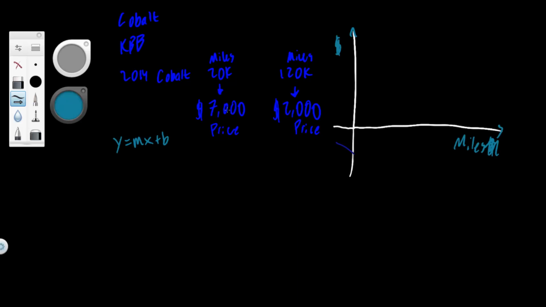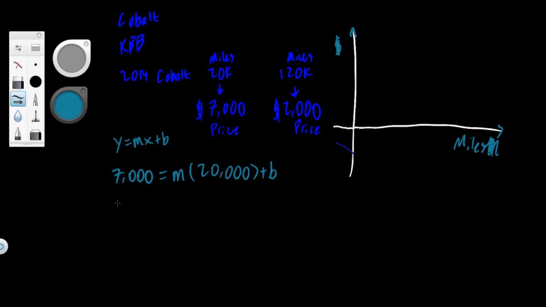So what we're going to do is, since y is this, we're going to say 7,000 equals m, which is currently unknown, times x, which is 20,000, plus b.